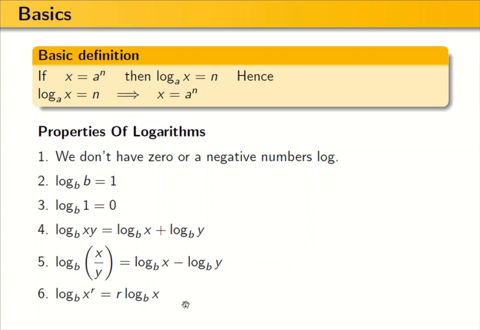That is why we are interested in logarithm, because logarithm can make an exponential function linear. There was an exponent here, but because of this logarithm, it brings the exponent to the other side, so it becomes r times logarithm of x base b. All these we will prove later, but we need them to solve the questions that are coming.